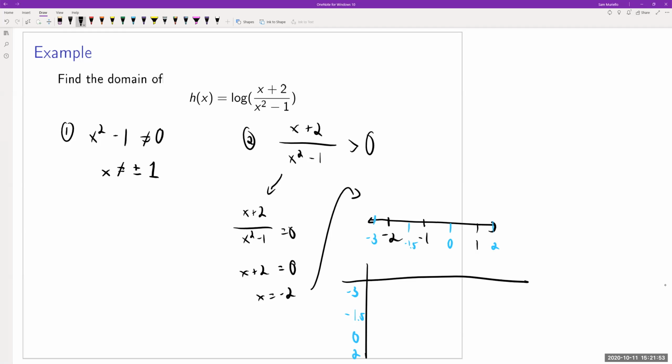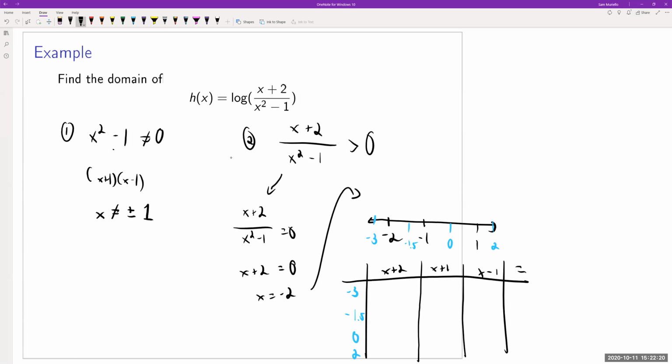And then we'll be looking at x plus 2. And I'm going to split up our denominator by factoring it, which I could have done in my solution over here. This would be x plus 1, x minus 1. So I'm going to include these factors, x plus 1, x minus 1, and then, of course, an equals area.